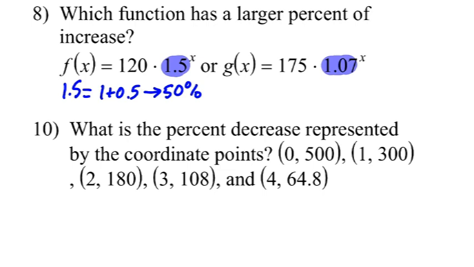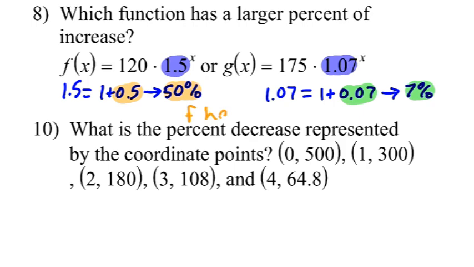So I'm going to highlight that 0.5 is a 50% increase. On the other one, 1.07 is equal to 1 plus 0.07, which implies a 7% increase. And we can see that 7% right there. So that means that f has a larger percent increase, because 50% is greater than 7%.